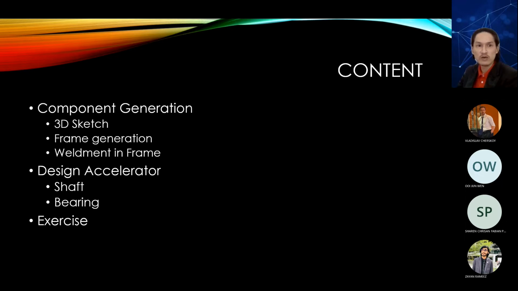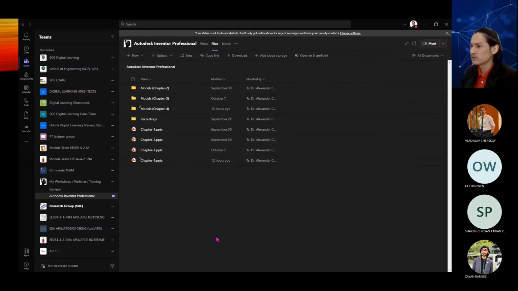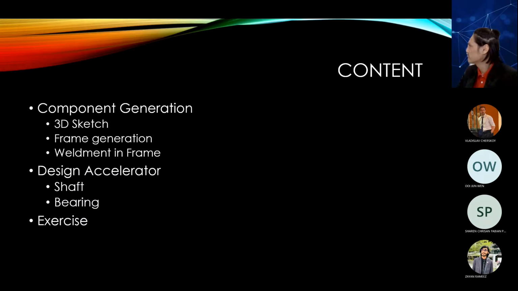And again, if you go to your Microsoft Teams, the workshop, I already uploaded this workshop slide, as well as the model that we need to use here. Okay, sorry, I think I forgot one more model. So let me just upload one more here. We need to have 2.